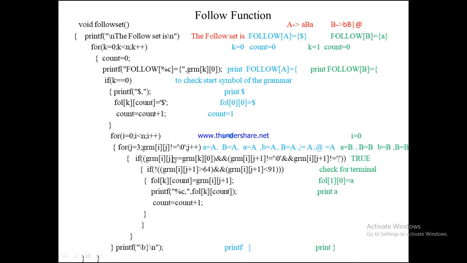Now initially I am checking whether 0, 3, that is a, is equal to the capital A. If this condition is false, I'll come out here and increment the value of j. I will not at all enter into this if. Now what is my 0, 4?